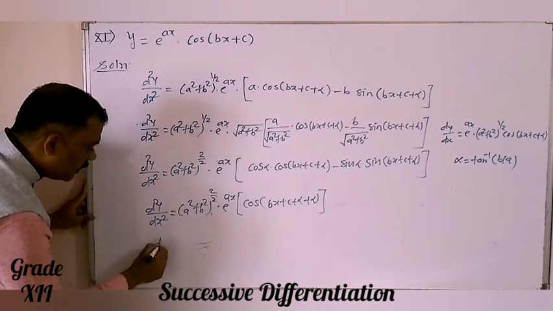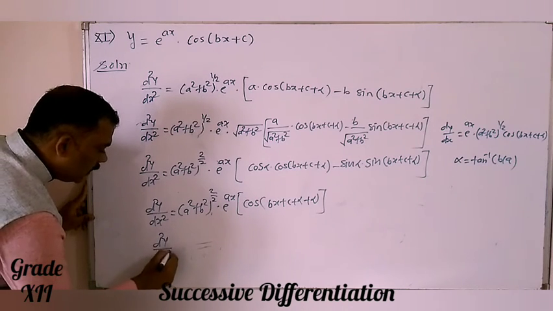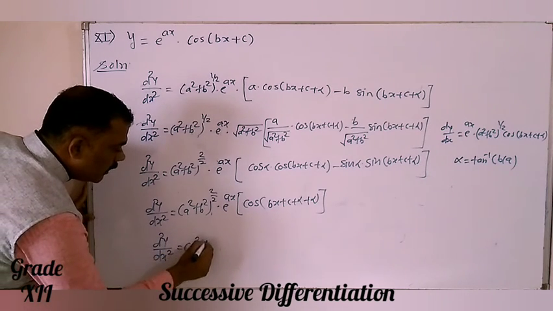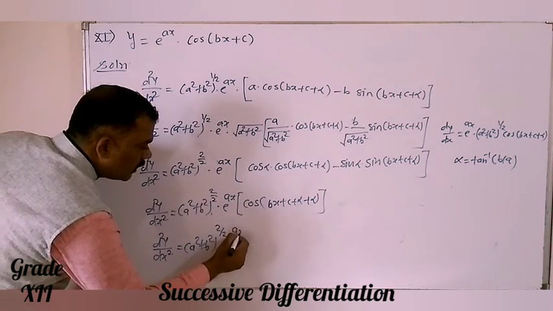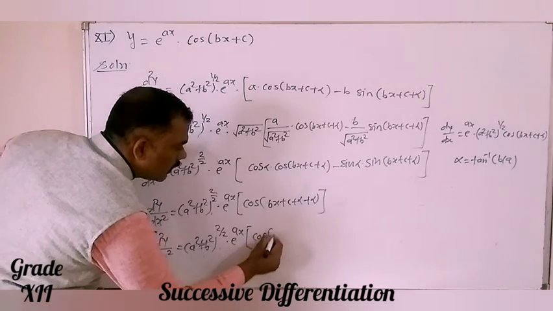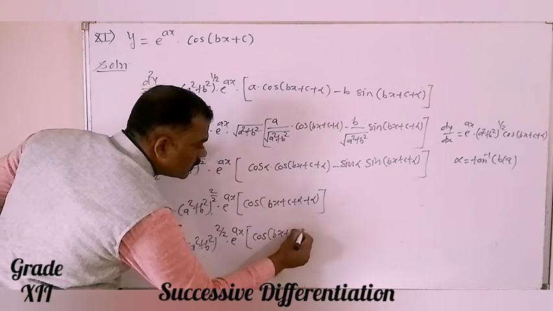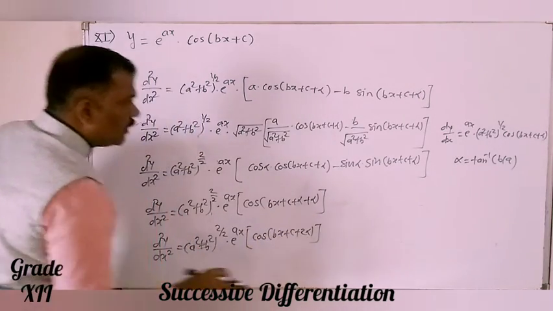That is nothing but d2y by dx square is equal to a square plus b square raised to 2 by 2 into e raised to ax into cos of bx plus c plus 2 alpha.